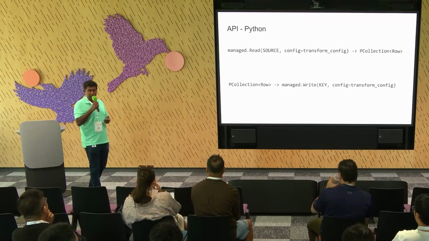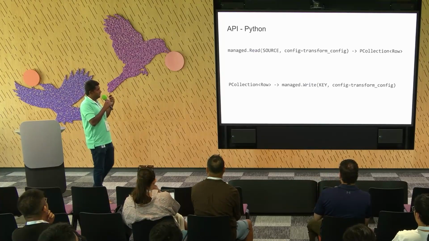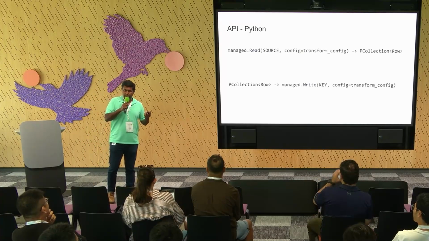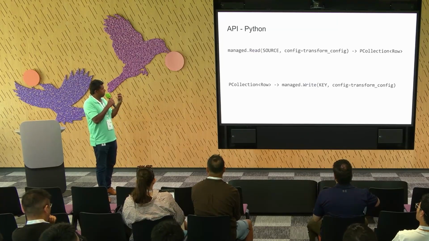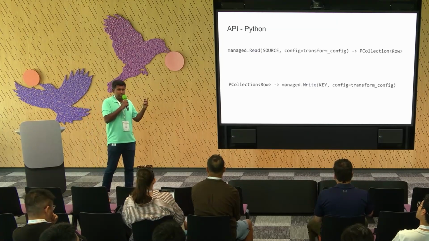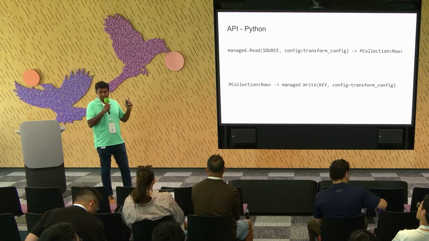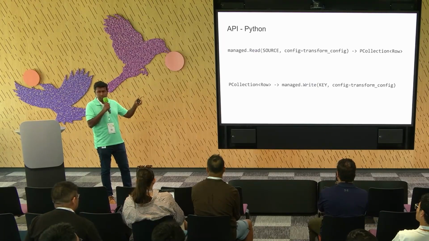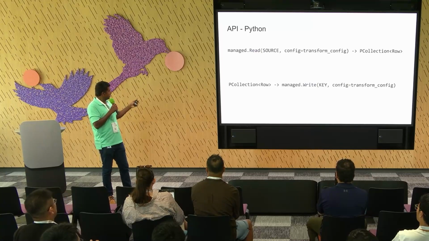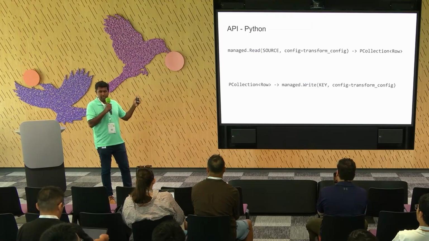Now, if you move to Python, again, very similar. There's a module called managed in Python. Just use that. To construct a source, say managed.read, the source key to identify the transform, and the config as a Python dictionary, and it produces a PCollection of type Row. For the sink, managed.write, etc.